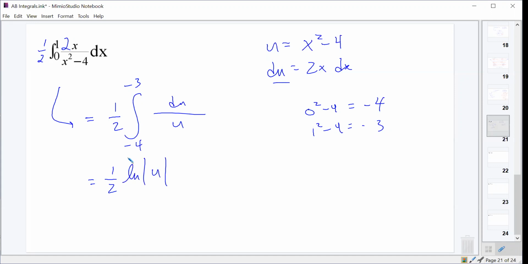Yep. And we're going to evaluate that from -4 to -3. And now we can see why that absolute value becomes very important, right? Because if we didn't have that absolute value on there, we wouldn't be able to evaluate this at all. And so we end up with 1/2 of the natural log of 3, absolute value of -3 is 3, minus the natural log of 4.